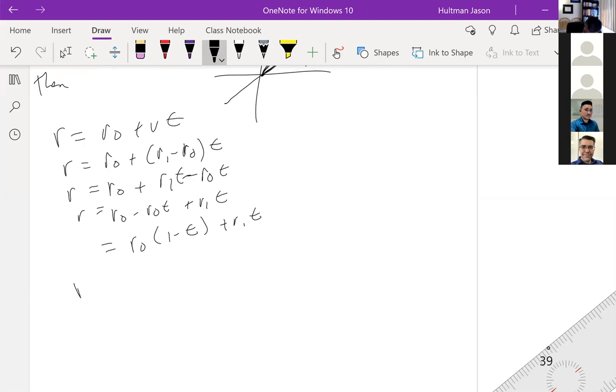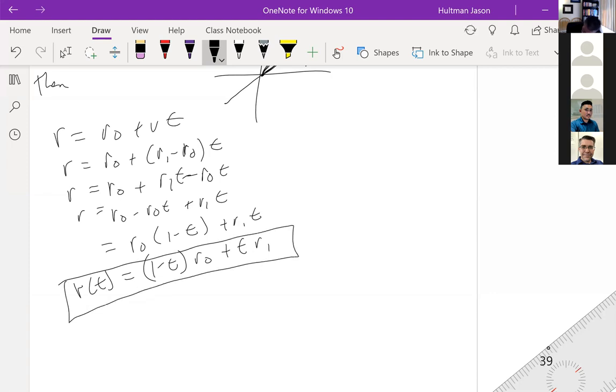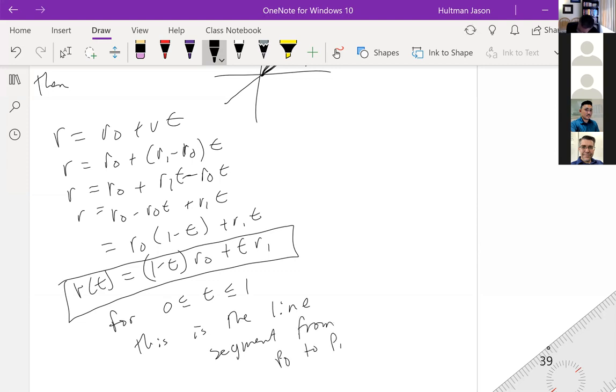I'm going to say that R of t is equal to 1 minus t times R naught plus t times R1. Now let me explain what's going on here. For 0 less than or equal to t less than or equal to 1, this is the line segment from P naught to P1.